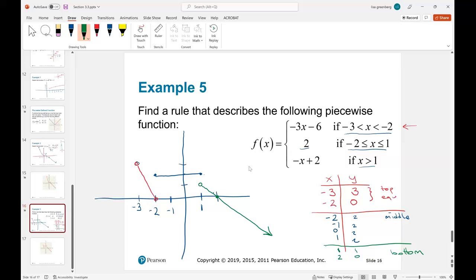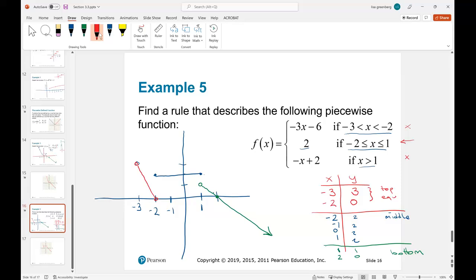If I asked you to tell me what is y when x equals, let me think of a good one, -2. Well, when x equals -2, I don't use this one because that doesn't include -2. And I don't use this one because x is not -2. I have to use this one when x is -2 because this middle one includes -2.